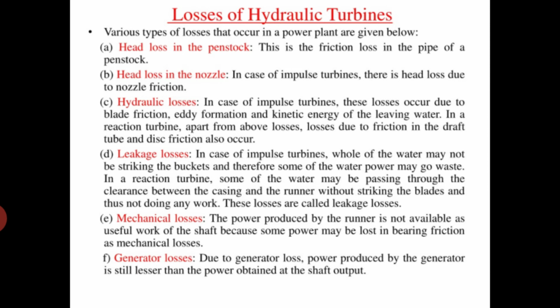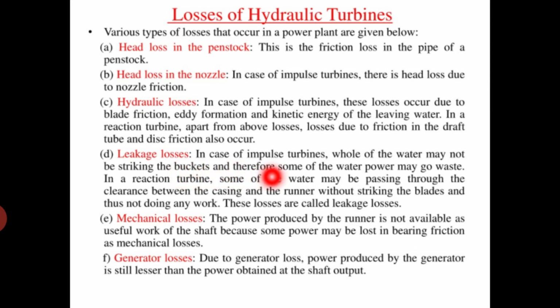In case of impulse turbines, these losses occur due to the blade friction, deformation, and kinetic energy of the leaving water. In reaction turbines, apart from the above losses, friction in the draft tube and disc friction also occur. The next loss is leakage losses.